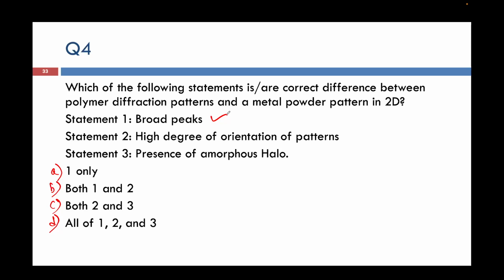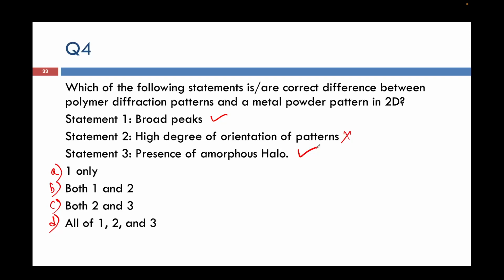High degree of orientation means all the crystallites will be oriented in a single plane, right? In a polymer we will not get that. So what is the correct difference between polymer diffraction pattern and metal powder pattern? 1 and 3 should be the answer, and high degree of orientation should not be the answer. The presence of amorphous halo would be the answer.